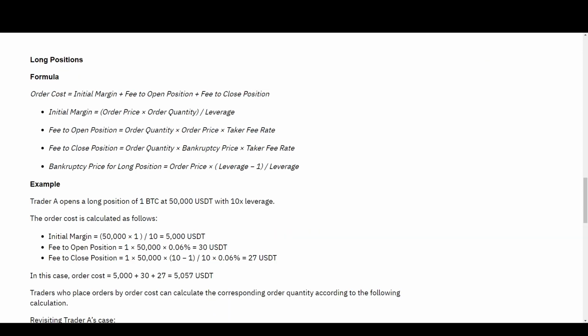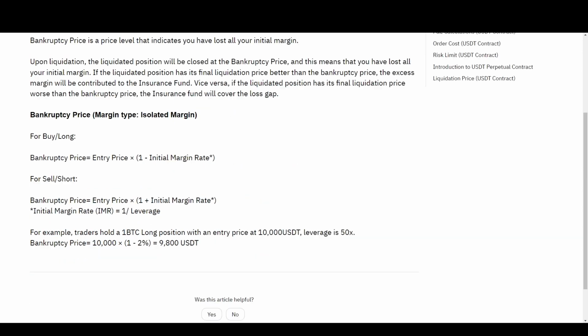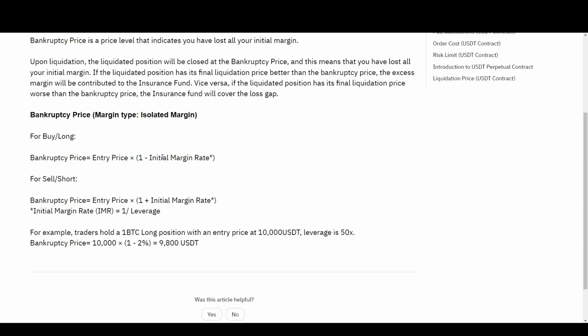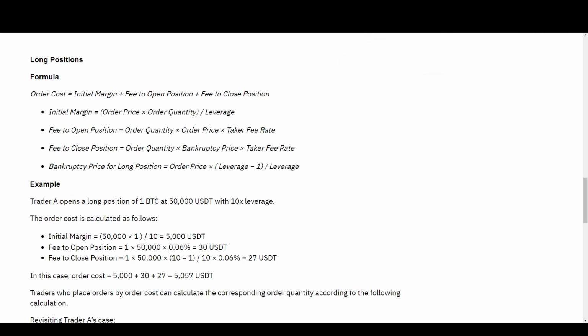What? I guess that makes sense. Because then it would be leverage over leverage minus 1 over leverage. So it would just be 1 minus 1 over leverage. So that makes sense. So that's what we have here.